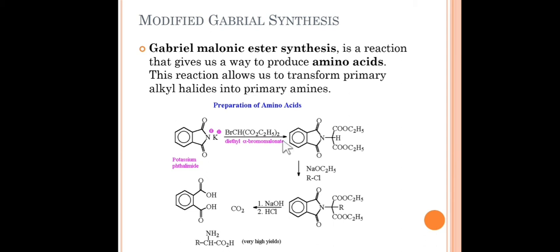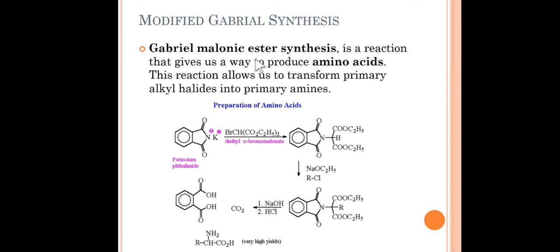This alkylated malonate will then have one acidic proton, on the active methylene group. This proton is abstracted by the base and it is treated with RCl, that is an alkyl halide, and we get the side chain of that amino acid. So this is how we can modify the side chain of the amino acid.